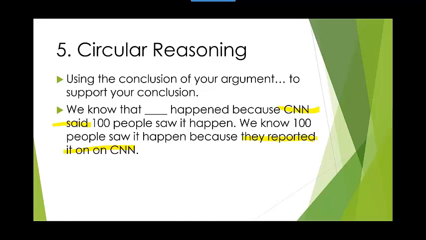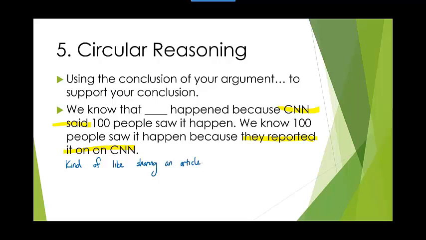Okay, so maybe something that's a little more relatable to you would be Facebook. Circular reasoning is kind of like sharing an article on Facebook.